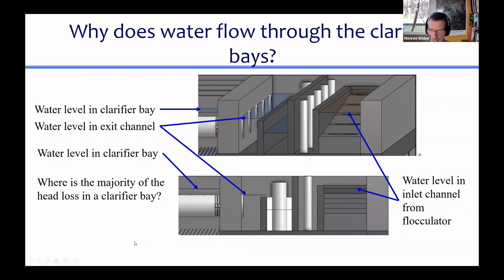And look, if we take the water level that is in the inlet channel and extend that over, we see that the water level inside the clarifier bay is almost exactly, or maybe is exactly the same as the level in the inlet channel.